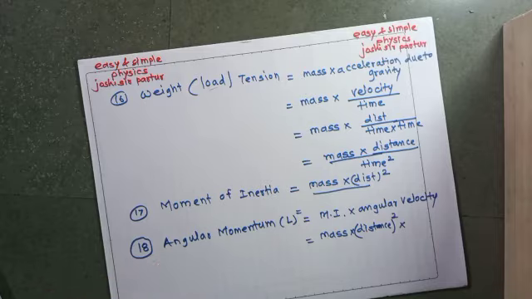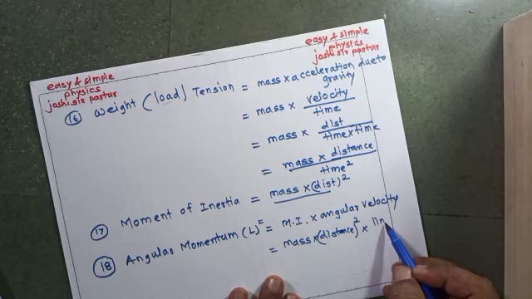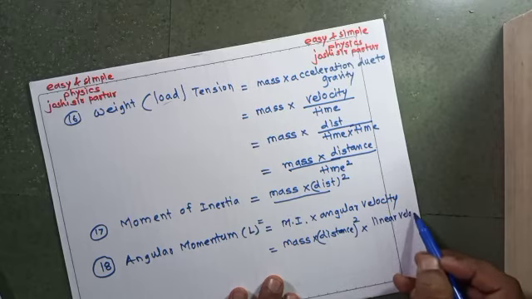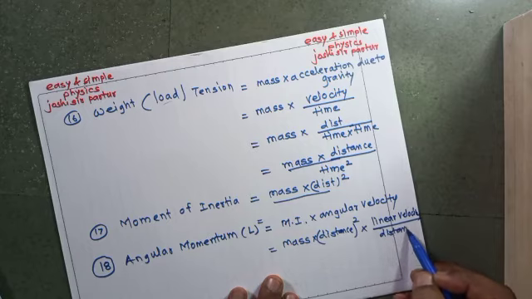We know the relation linear velocity equals r into omega, so omega equals linear velocity upon distance.